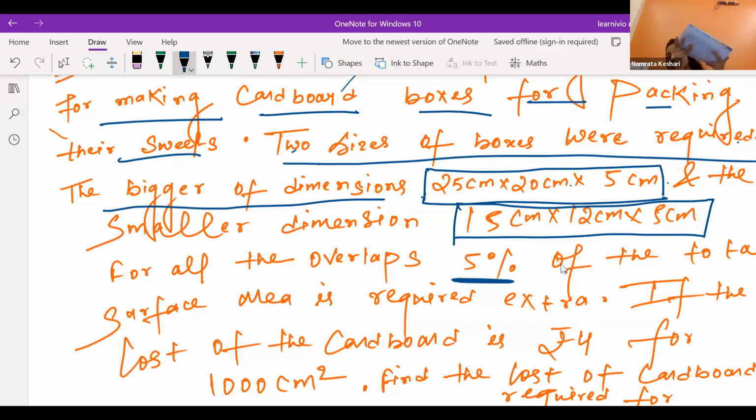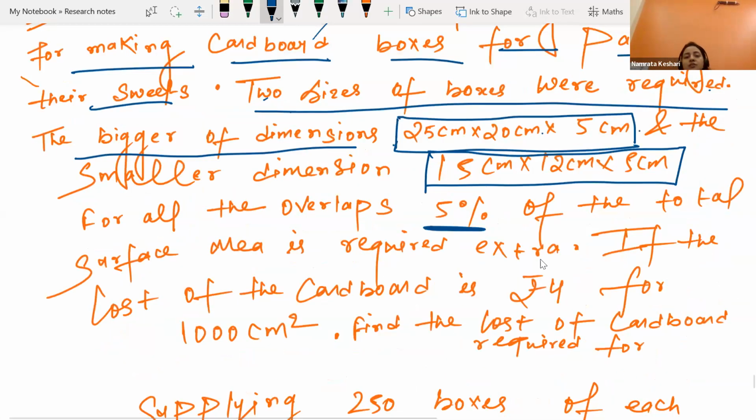And if we are talking about the surface area, we'll only be focusing on this surface, this surface, this surface. We will not be thinking about what goes inside this portion. That's why it says that 5% of the total surface area is required extra, used for the overlap.